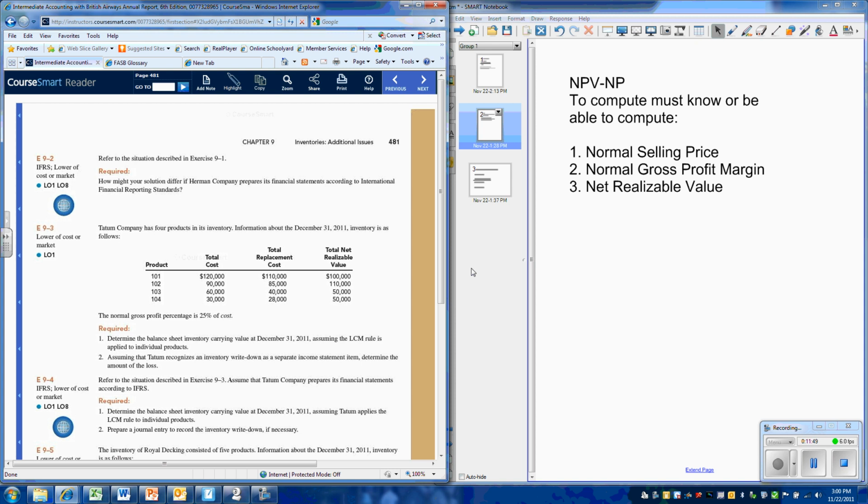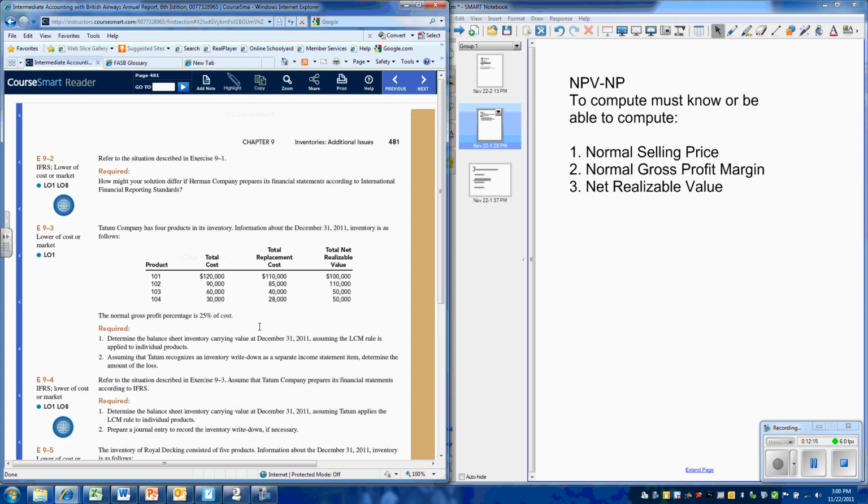Problems can also get a little more exotic, as in exercise 9-3. Notice here, instead of giving you the gross profit margin based on the selling price, they're giving you the normal gross profit margin percentage as a percentage of cost, and that's not the way we normally speak about the gross profit margin.